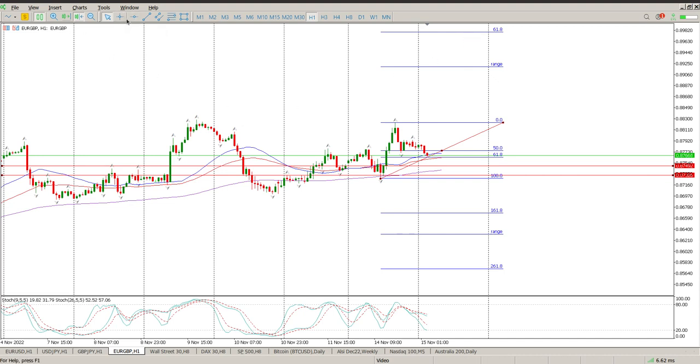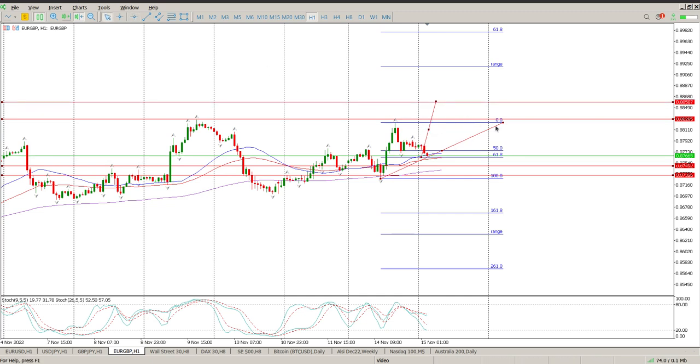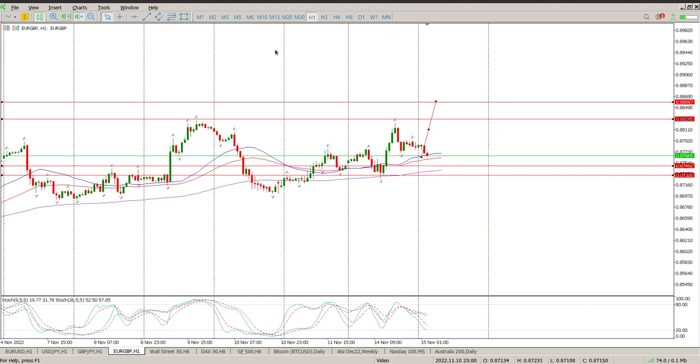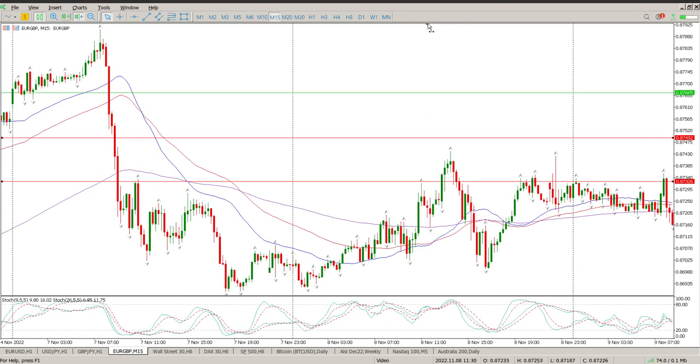So if you just do this, there, sorry, not that, we want this. So there's our move up. Take it off the 61, and there is our first target, first measured move. Delete that. So that's kind of what I'd be looking for.